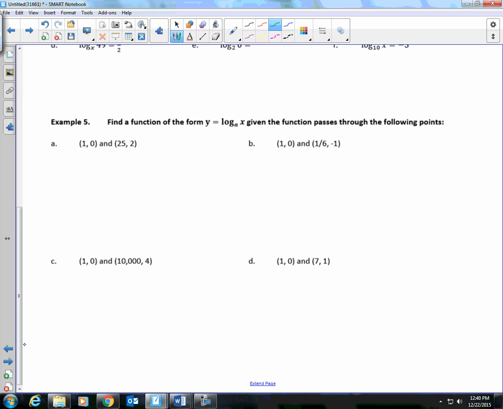It says, find a function in the form of y equals log base a of x, like I did log base 2. So we want to know what that base is, knowing that it passes through these points. What do you notice all of the functions pass through? They pass through 1, 0, as we just stated, and we understood why. So I'm going to try to determine its base by looking at the second point.